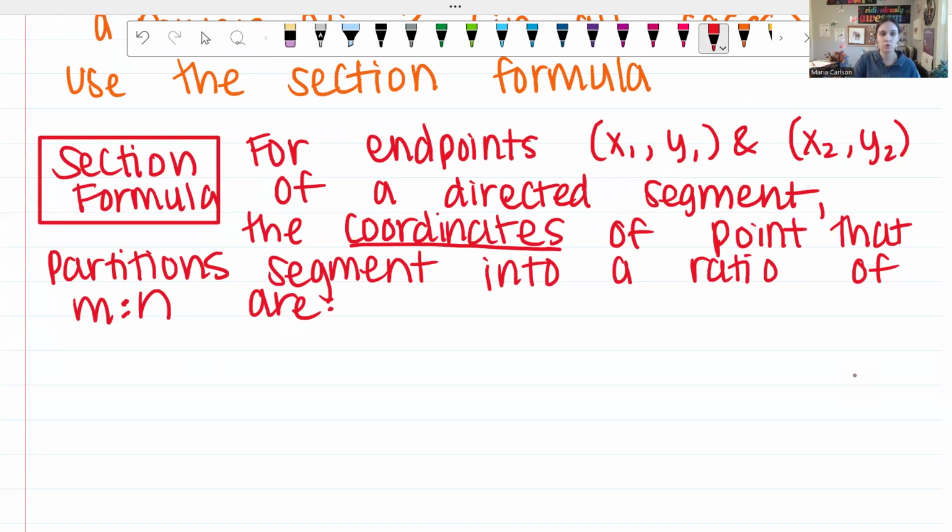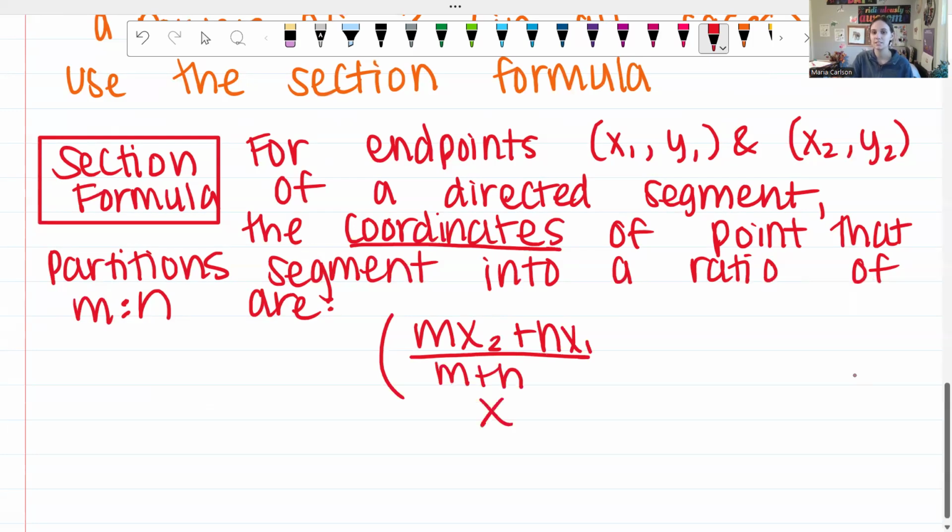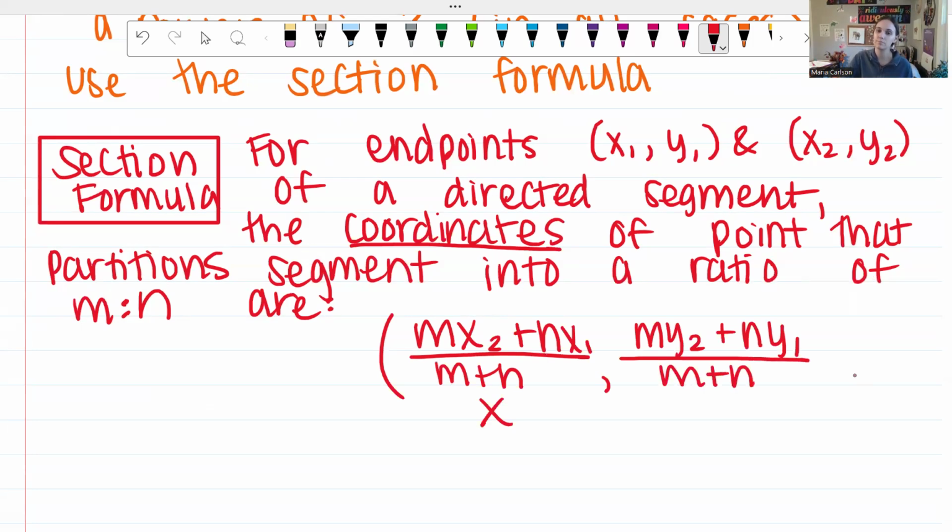Those coordinates are m times x2 plus n times x1, divided by m plus n. That will give you your x coordinate. And your y coordinate will be found by multiplying m times y2 plus n times y1, divided by m plus n.